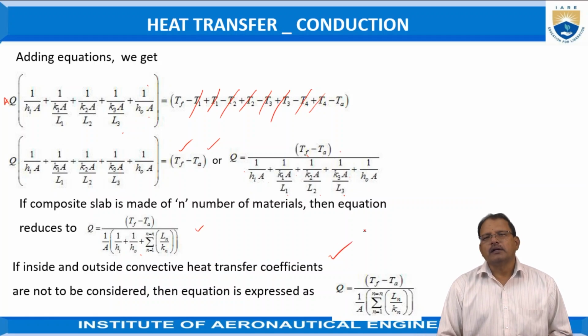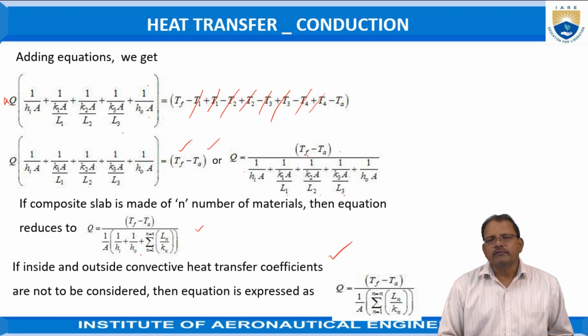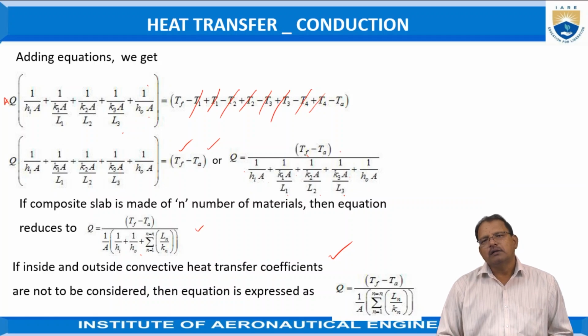This is the important relation for the transfer of heat energy from the hot fluid to the atmospheric air when it is obstructed by a number of blocks, or when the wall is made up of many layers.